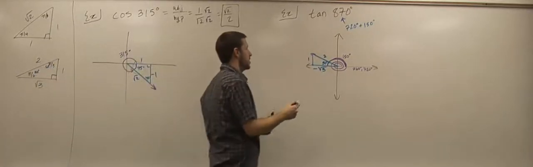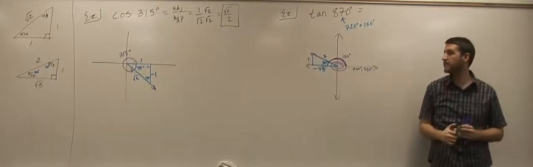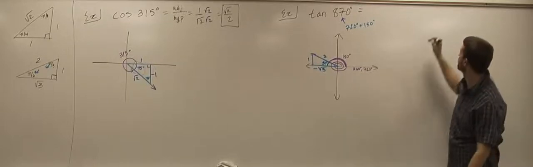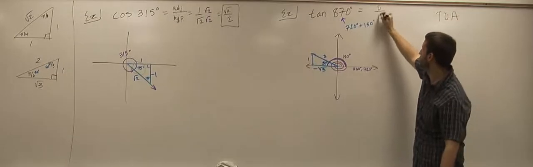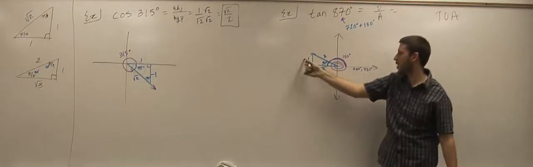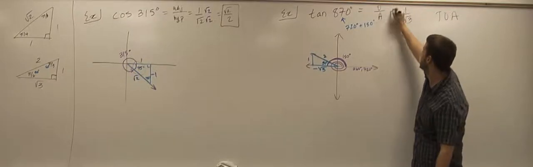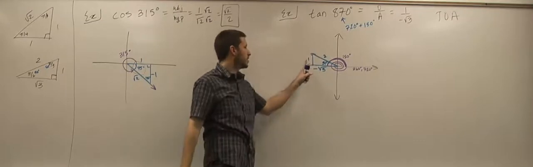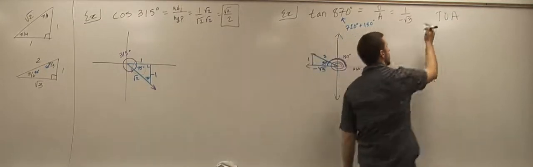So, my scholarly chums, tangent of 870. Opposite over adjacent. If you just evaluate directly from the triangle, you'll get 1 over negative root 3, which is all well and good, but kind of ugly.